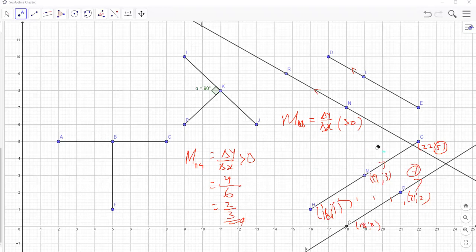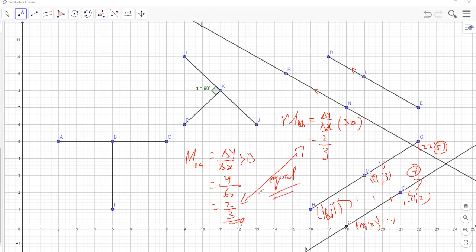Let's go ahead and study the change between point O and point Q. The change in y, as you can see, is just 2. Let's look at x, 1, 2, 3. The change is just 3, 21 minus 18. And guess what? These are actually equal.